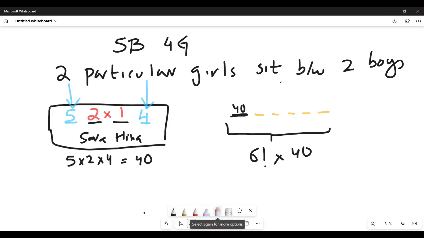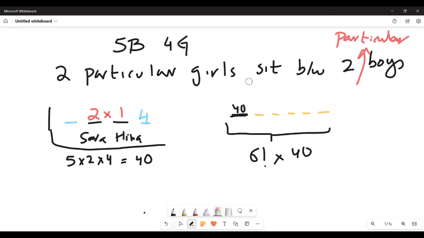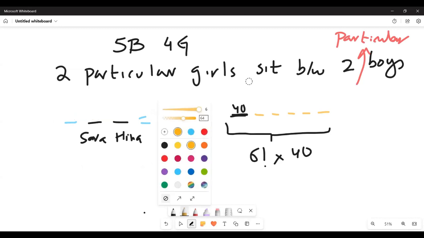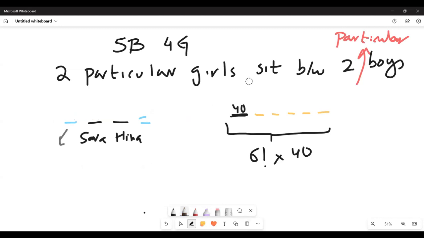Okay. Next is 2 particular girls sit between 2 particular boys. There are some particular 2 boys between whom the particular 2 girls have to sit. So again the grouping process. That's Sarah and Hina, and this could be Saad and this is Ali.